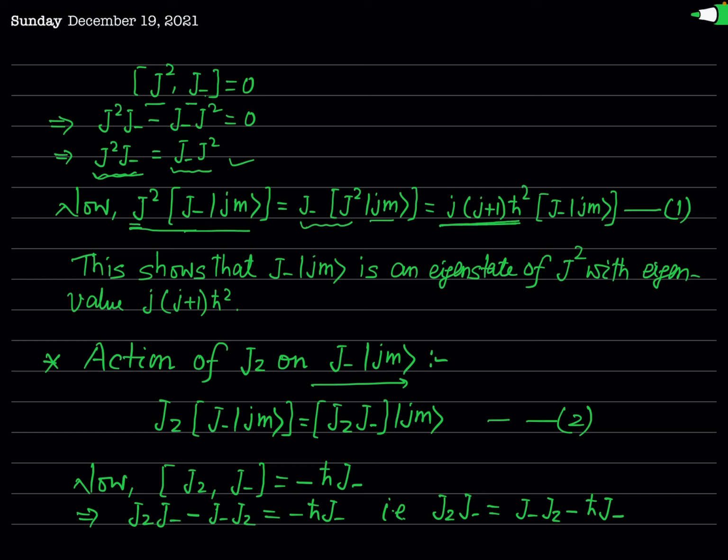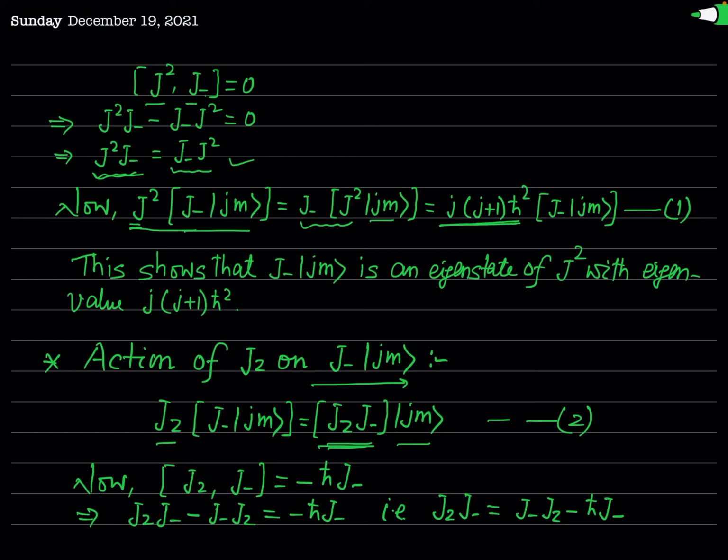Now we will see the action of the other operator Jz on the quantum state J₋|k,j,m⟩. When we operate this Jz on J₋|k,j,m⟩, that can be written simply as Jz J₋|k,j,m⟩. Now, by the commutation relation followed by the operators Jz and J₋, we will obtain the value of this Jz J₋.